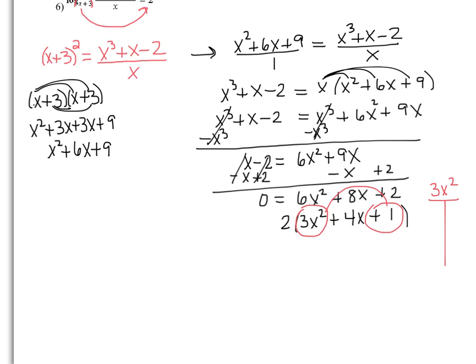What are the factors of 3x squared? Well, 1x and 3x comes to mind at first, and I think that's enough because 1x plus 3x adds to this 4x, because we needed to find the pair that added to this, and this is it. So we're going to bring down the 3x squared, bring down the 1, and fill the middle with the 1x and the 3x from over here.